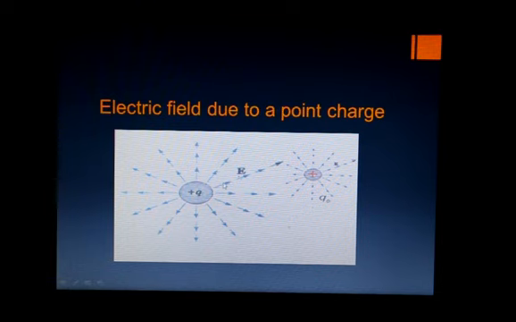So these lines give you the strength of the electric field, and these lines are known as electric lines of force. And the greater the number of these lines of force, the more the strength. It means the field would be stronger.